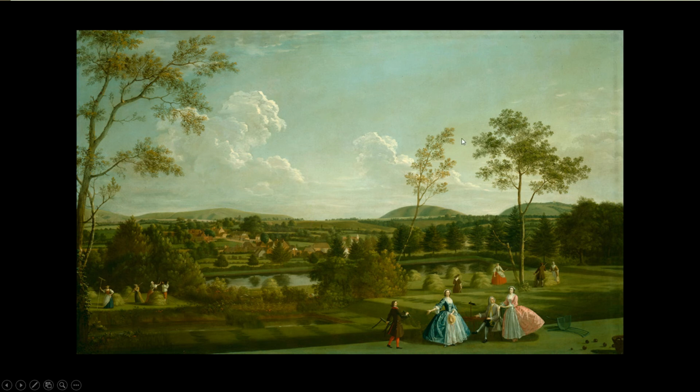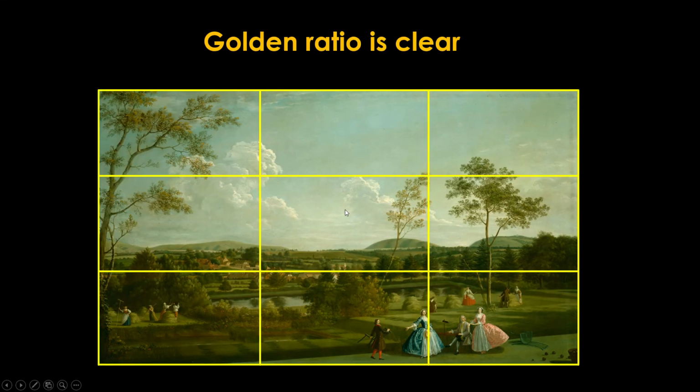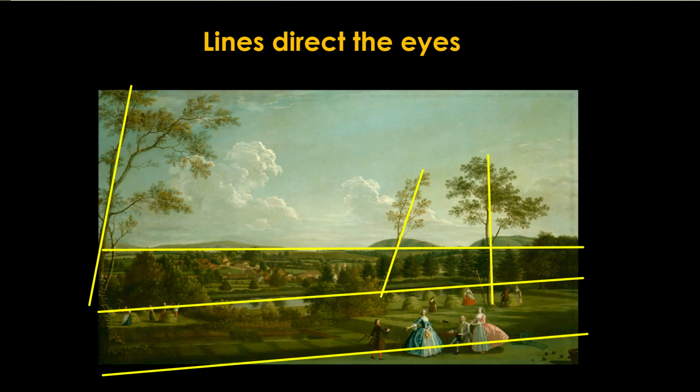And if you pay attention, there are many lines in this picture, and I'm pointing them out. First of all, golden ratio. If we put the classical golden ratio, it will be somewhere here. It's clearly used. And now back to the lines. I pointed out some of the major lines in the picture.